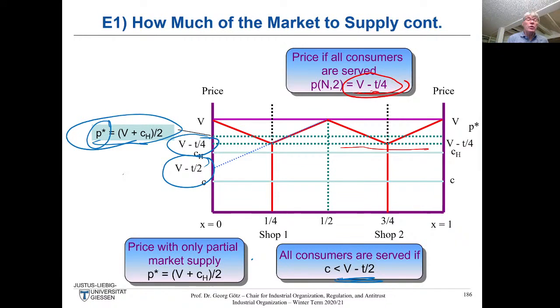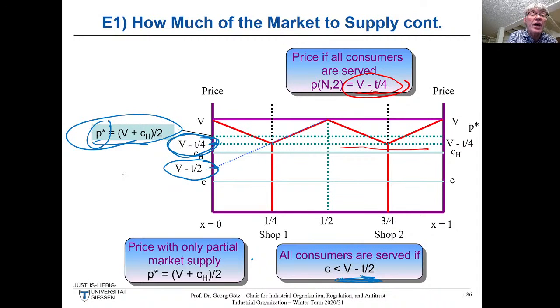Okay? So the point I want to show you, and that's what I also show in the notes, is that if you have C equal to V minus T over 2, this is exactly the cost level at which this P star, the monopoly price, which is then, by no coincidence, equal to V minus T over 4, coincides with the price in which you serve everyone.